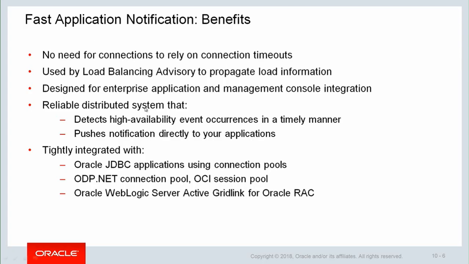If an application is a FAN-aware application, like an Oracle connection pool, or Oracle WebLogic Server Active GridLink for Oracle RAC, then by consuming FAN messages, Oracle connection pools or FAN-aware applications can take action immediately.